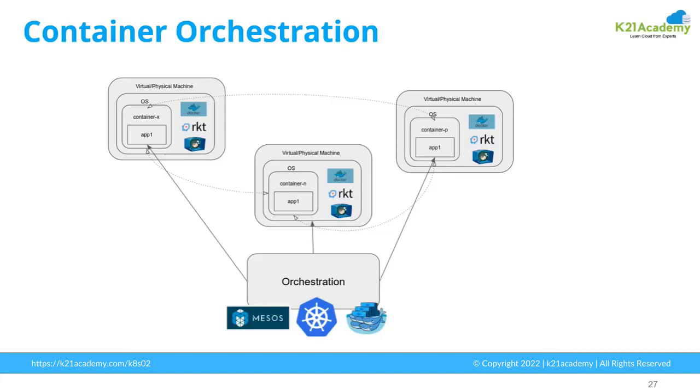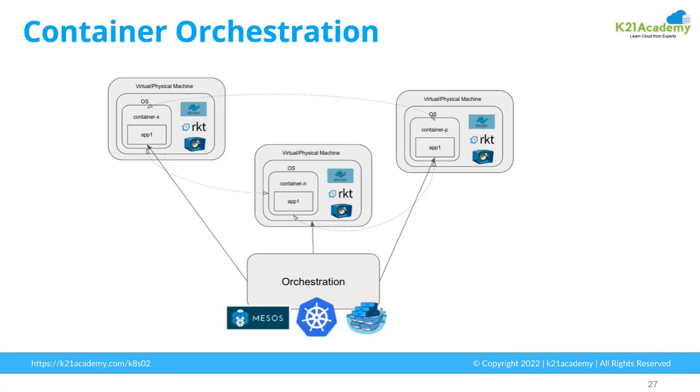Now, if you have one host or just a handful of containers, then you can manage these containers yourself. But if you have hundreds and thousands of containers, which is quite common in a medium to big size implementation, that's when you need a container orchestration tool like Mesos, Kubernetes or Docker Swarm.